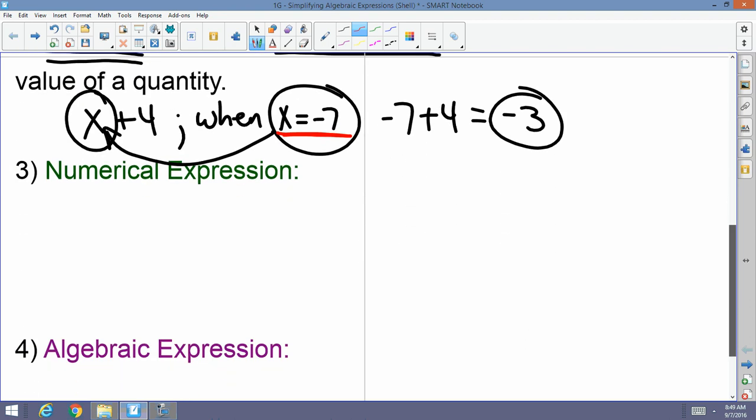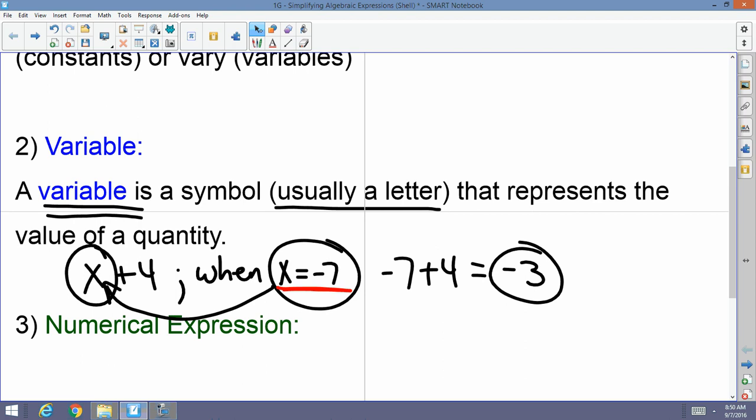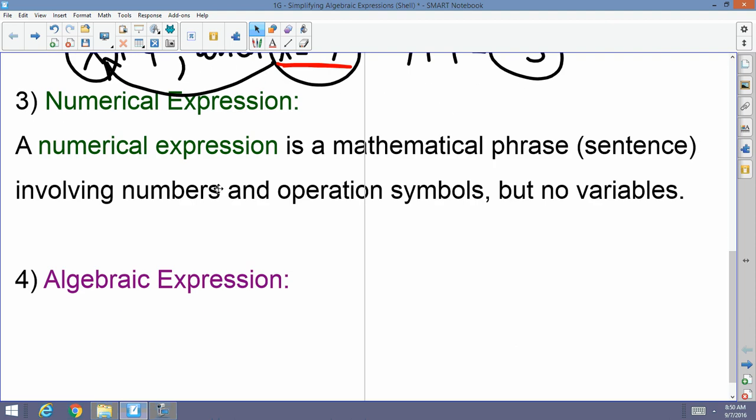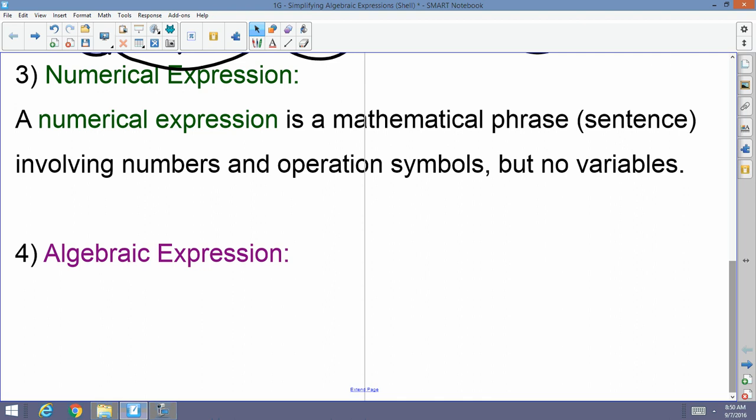A numerical expression, okay? Pretty simple. A numerical expression is a mathematical phrase or sentence involving numbers and operation symbols, but no variables, okay? So 5 plus 9 plus 8 plus 12 plus 1/3, that's a numerical expression.